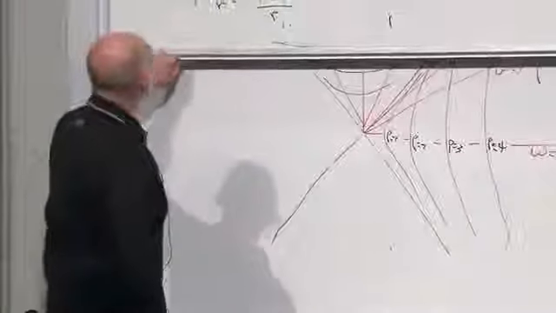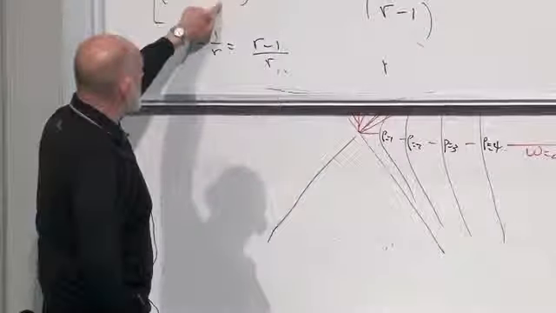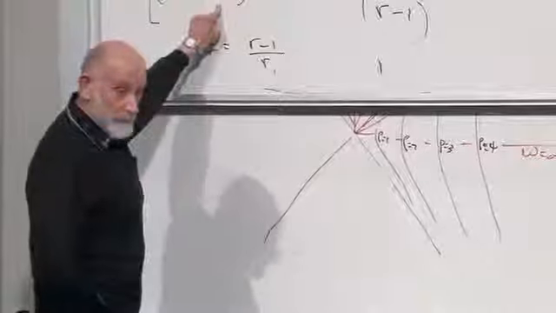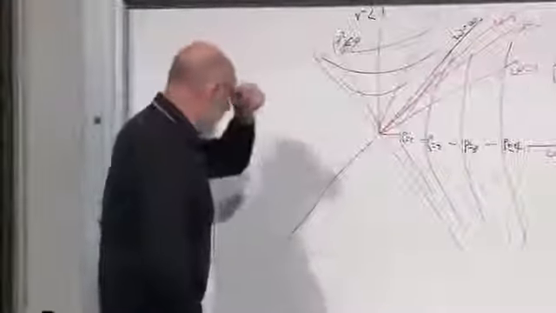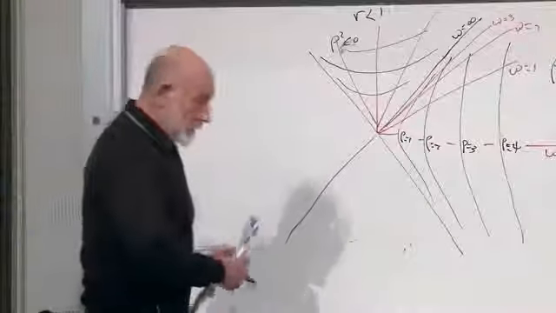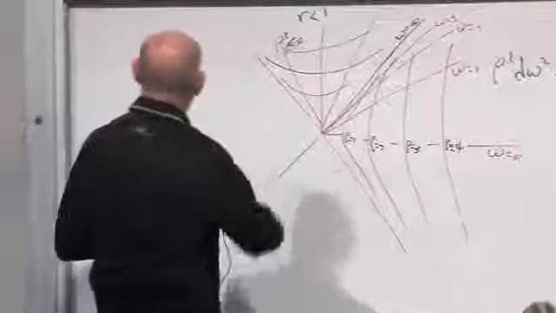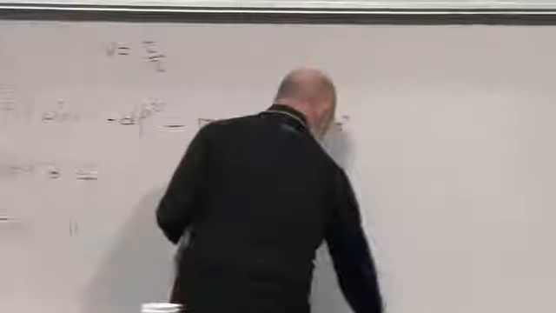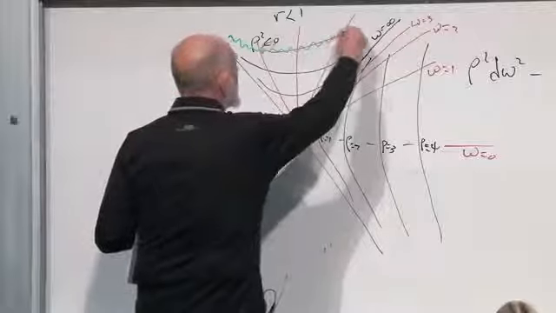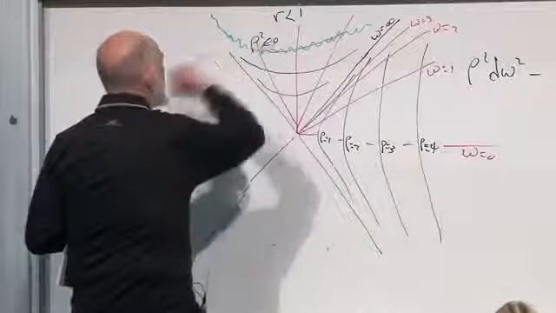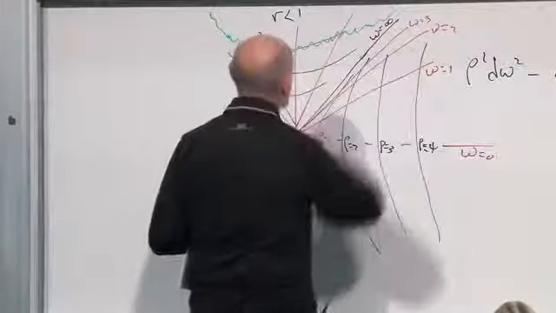Eventually, we hit the nasty point where r is equal to 0. That is not just a coordinate glitch. R equals 0 is over here. It's a hyperboloid in these coordinates.